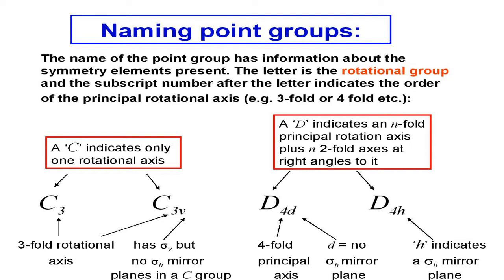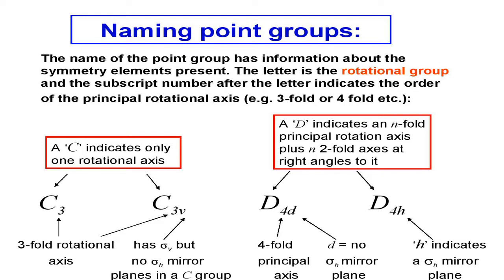How can we change the index C to D? Here D indicates the n-fold principal rotation axis. Also it contains perpendicular two-fold axis which is at right angle to the original principal axis.